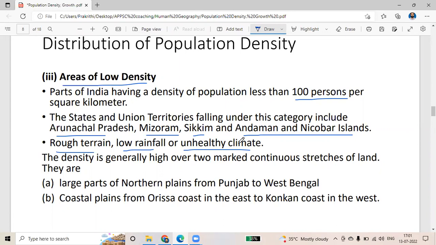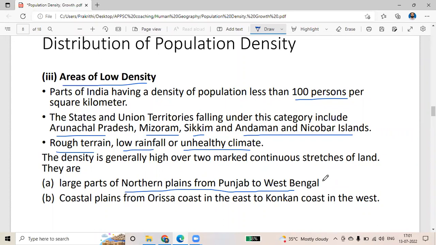So in general, if we take, there are two continuous structures of land where the population density is high. First one is northern plains from Punjab to West Bengal. Fertile land, plain area है, Indo-Gangetic plain region है इसलिए. So it is suitable for almost all things.